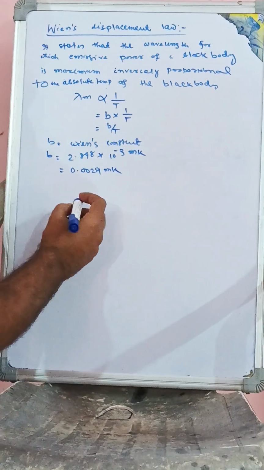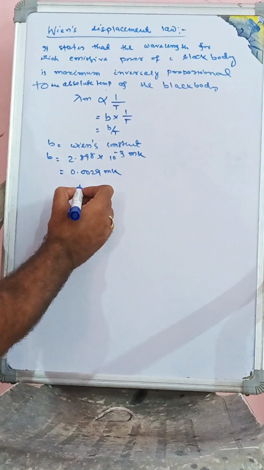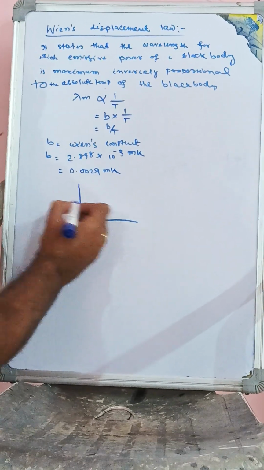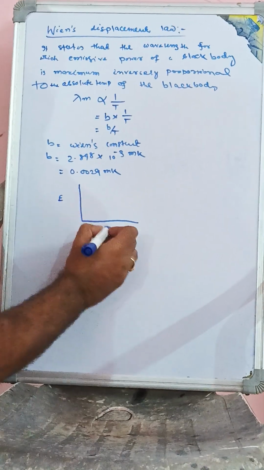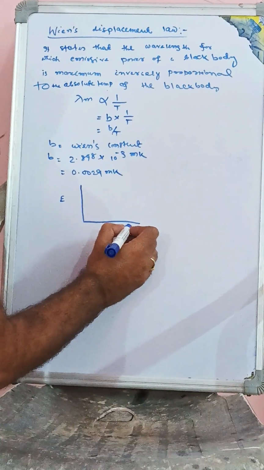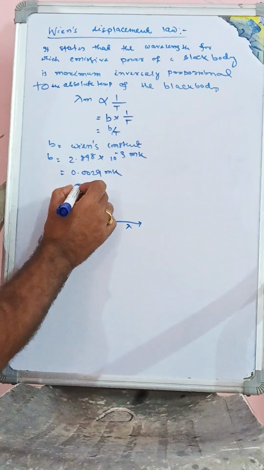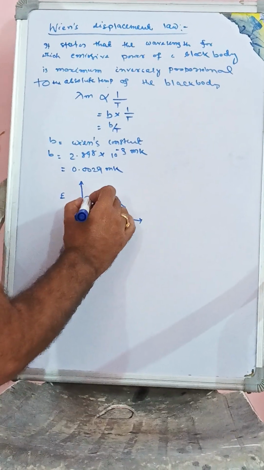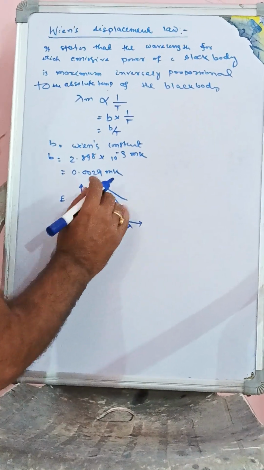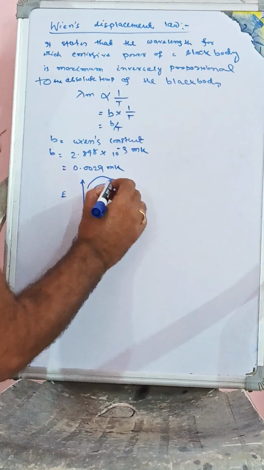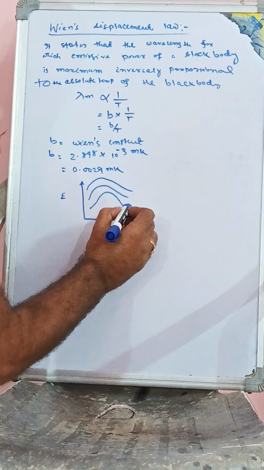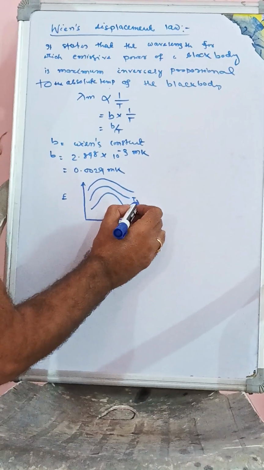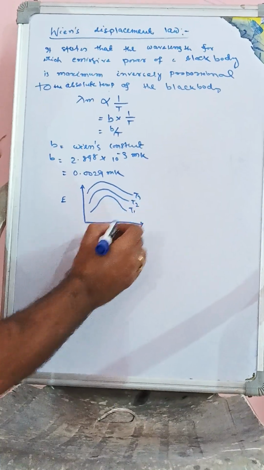Then we draw a graph between energy and wavelength, with curves for temperature T1, T2 and T3.